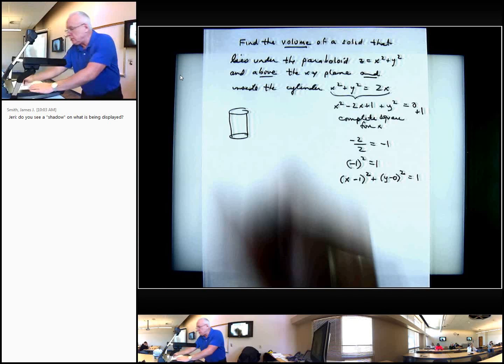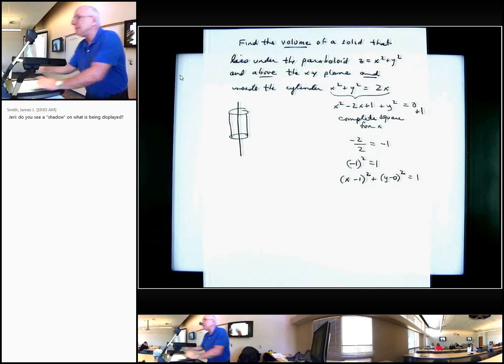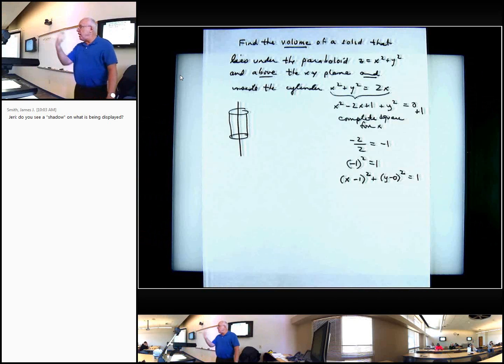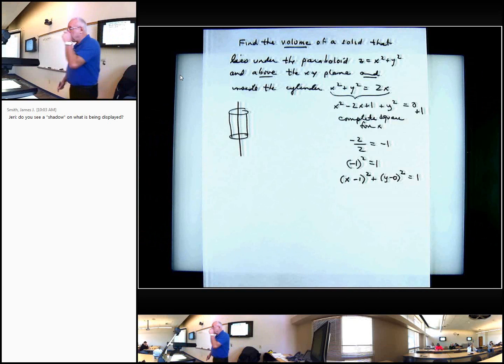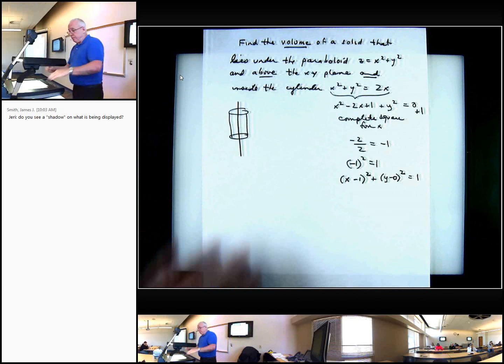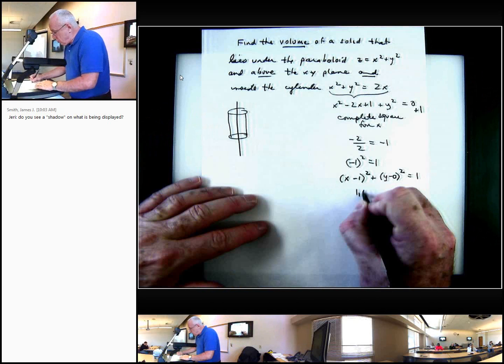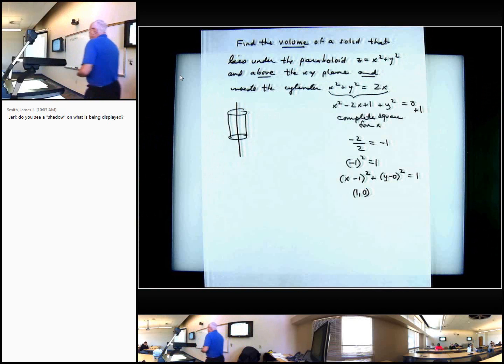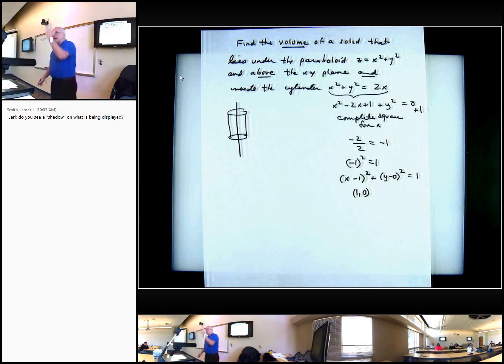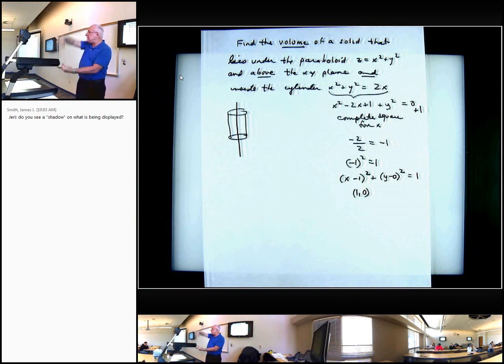In other words, this cylinder has a central axis that it revolves around. (1, 0) is going to be the point on the plane through which that central axis will go.